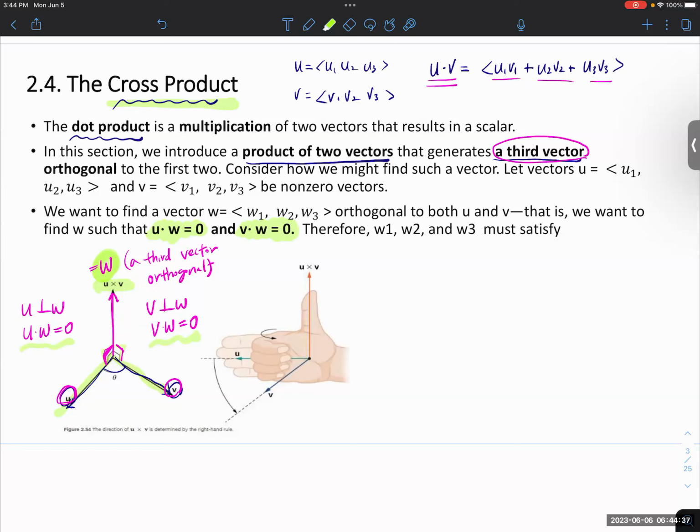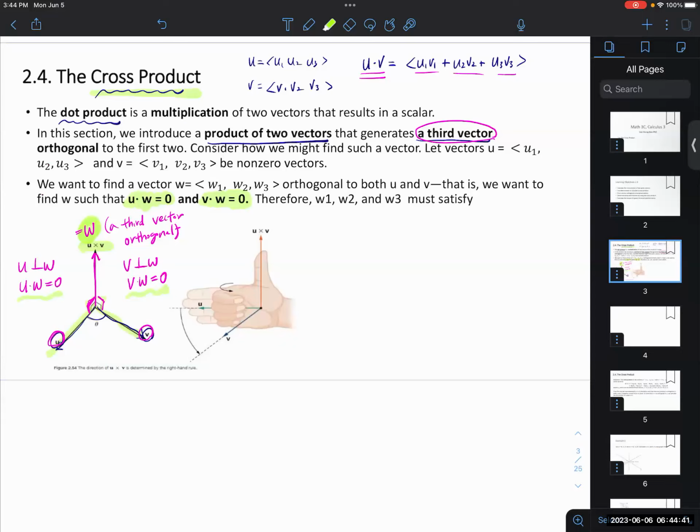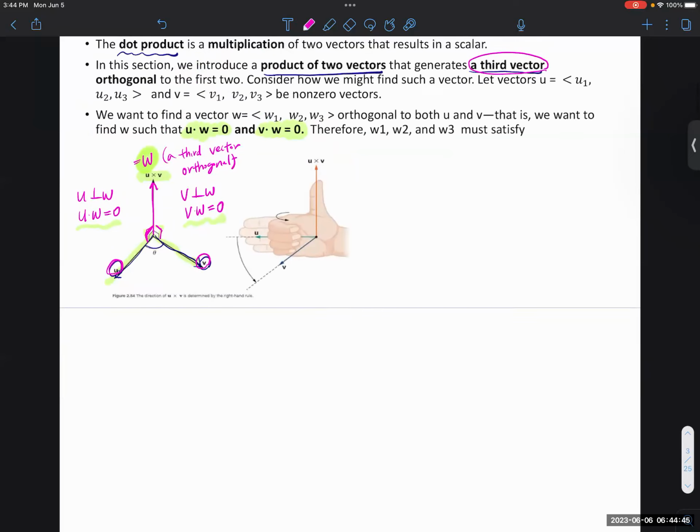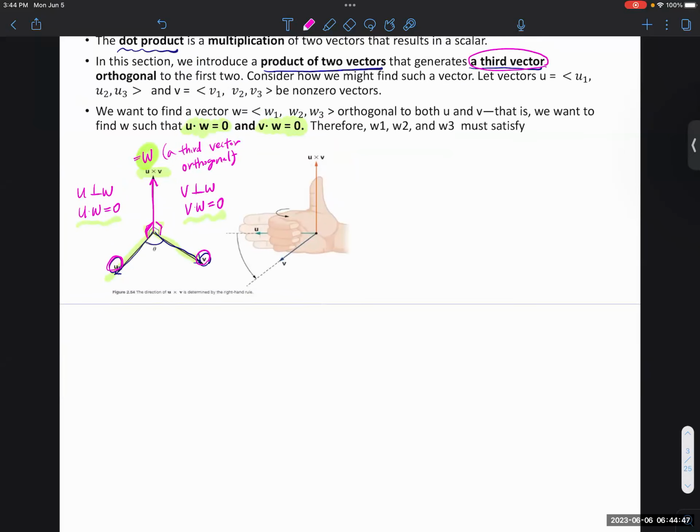Let me show you more mathematical work. I already have a space, so here we go. The cross product implies you have u times v equal to w, and then u and w perpendicular, v and w perpendicular.